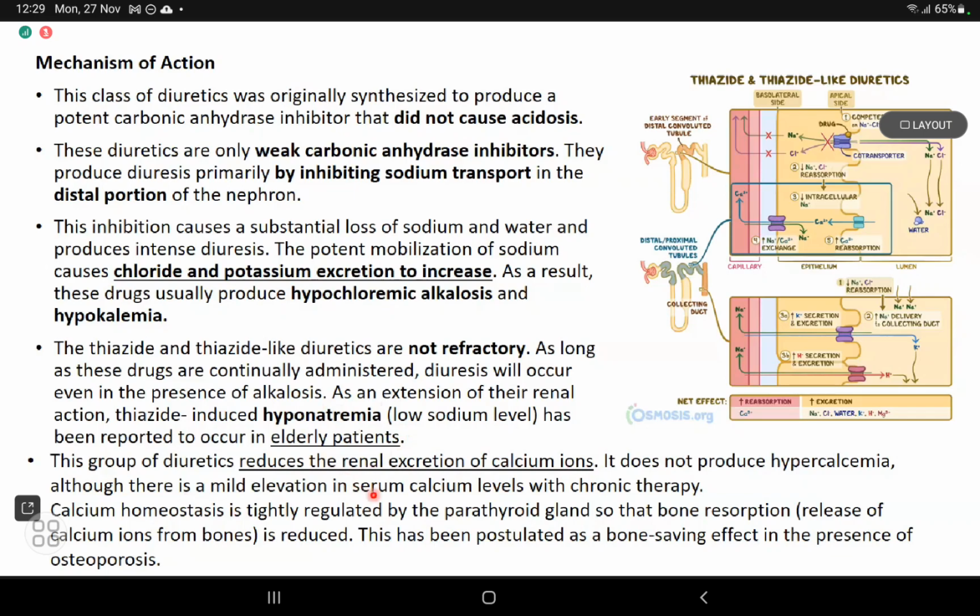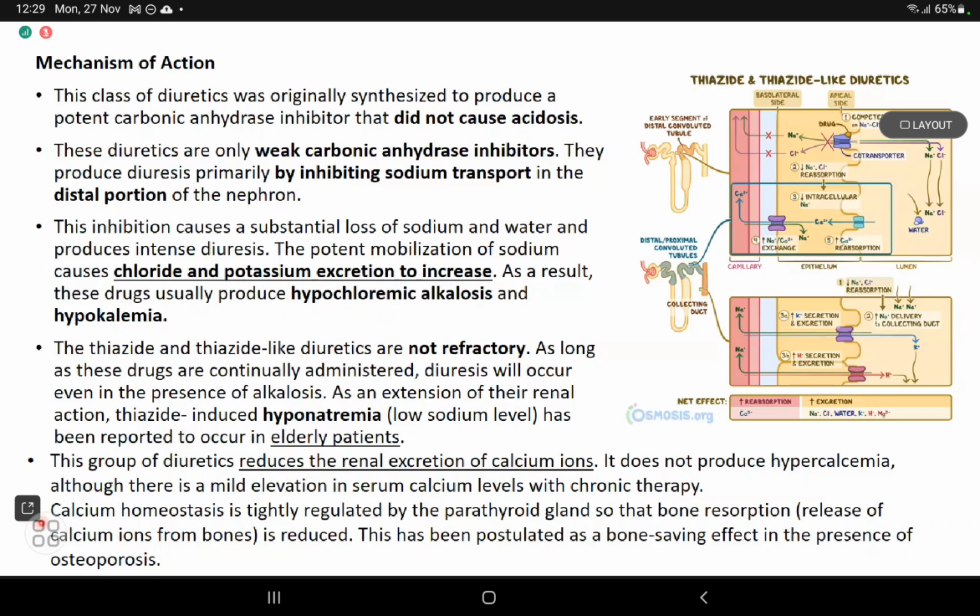So some patients may show mild elevations in serum calcium when you use it for long term. The definition of chronic is more than 3 months. I repeat again, more than 3 months of usage we only consider as chronic therapy. Less than 3 months we cannot consider as chronic. The definition is like that, so you need to accept.